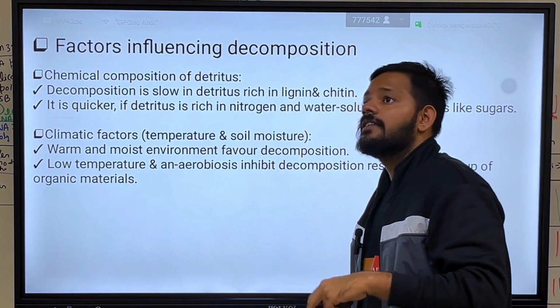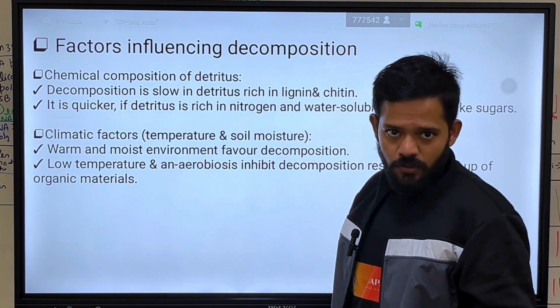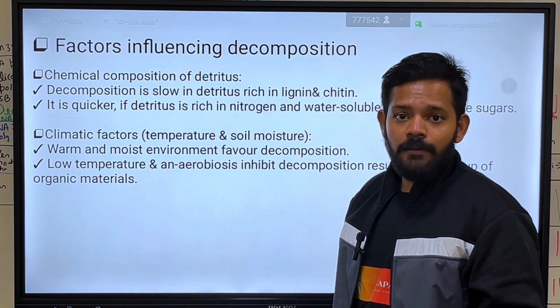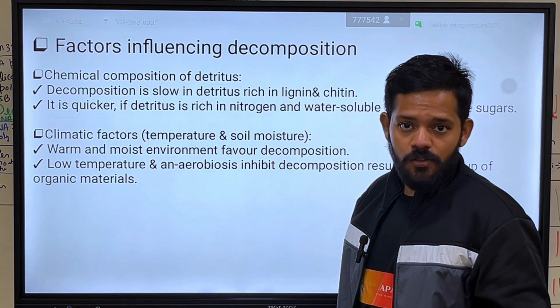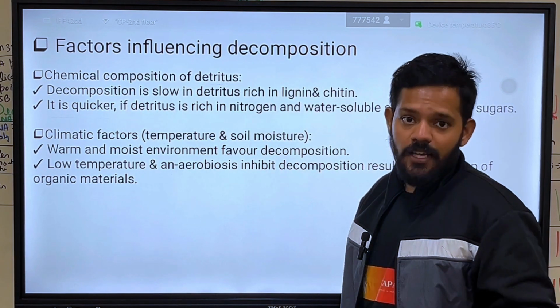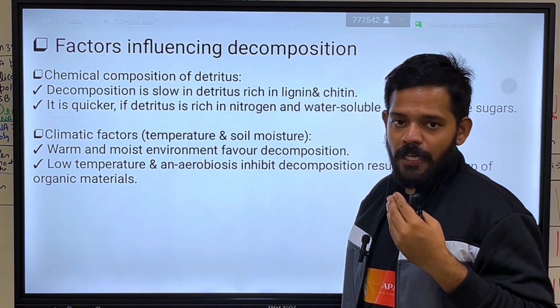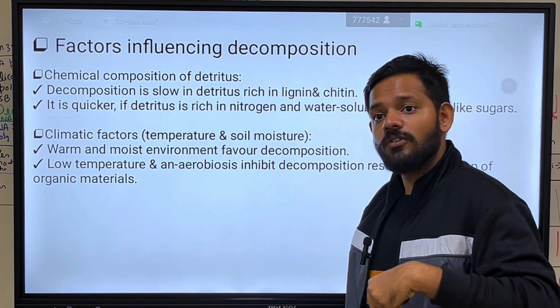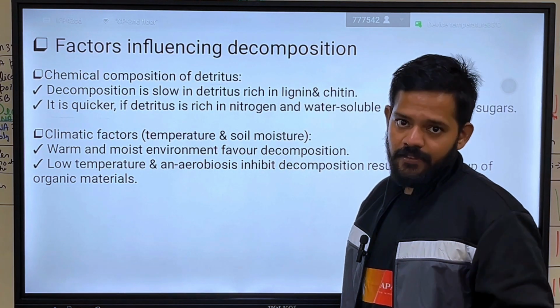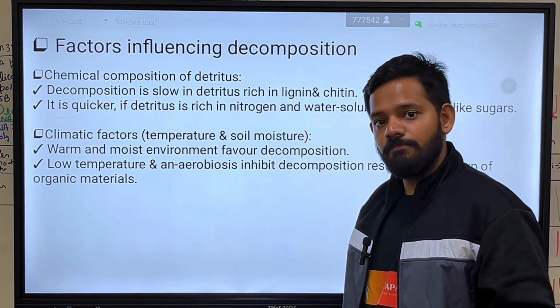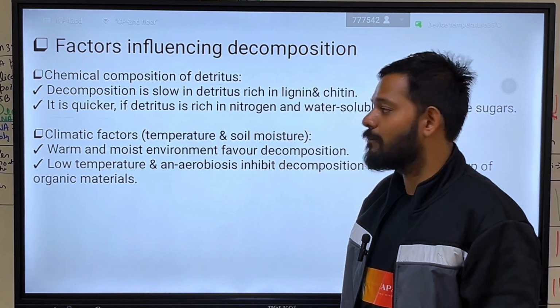And if the temperature goes down, the atmosphere becomes dry and cool, and the organic matter contains a large amount of lignin, keratin, chitin-like material, then it will slow down the process of decomposition.